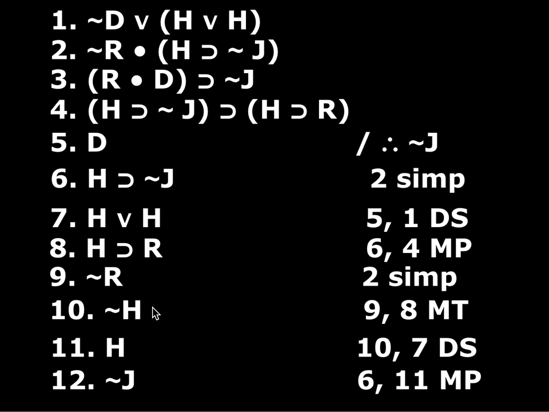Well, it is possible, but there's only one thing that makes it possible. The stuff we were applying the rules to can't have all been true. Or to put it another way, the premises are inconsistent. These premises can't all be true at the same time.